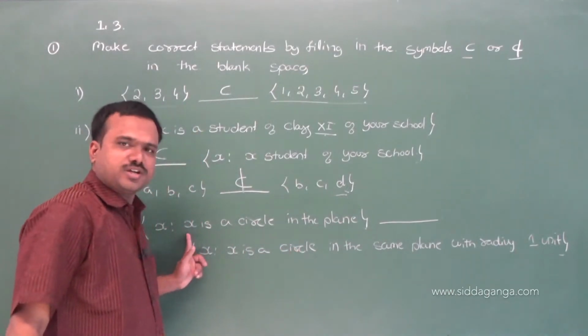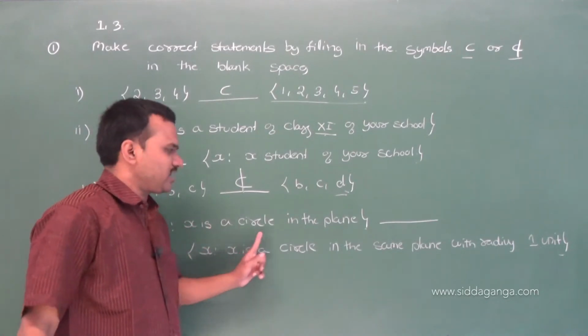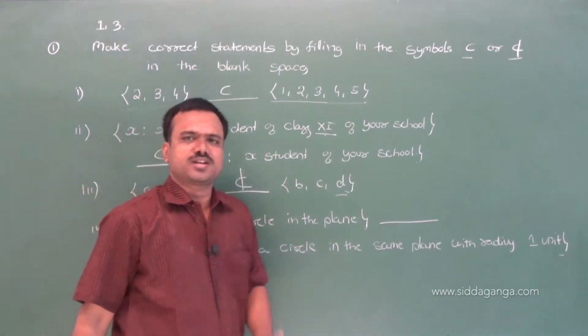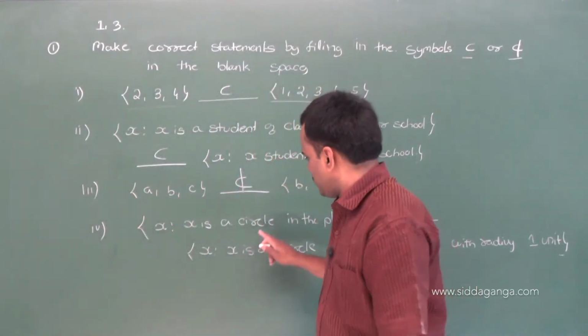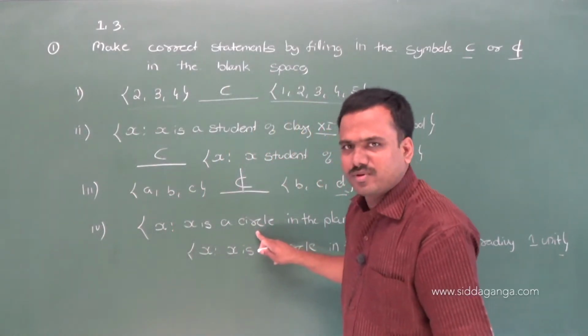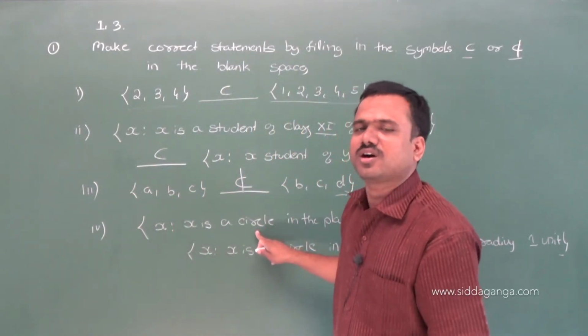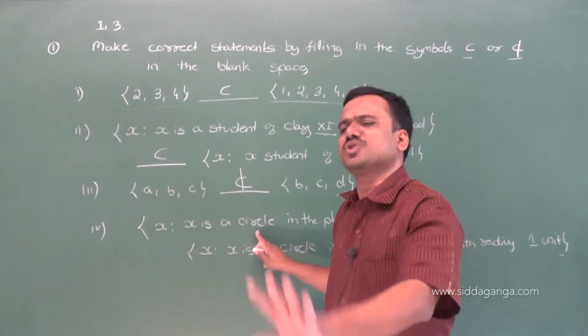X such that X is a circle in the plane means the circle of radius 1 unit or 2 or 3 or 4, and it goes on.